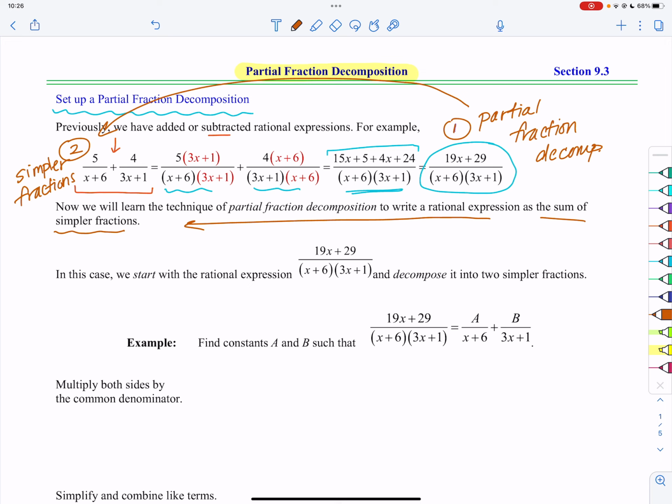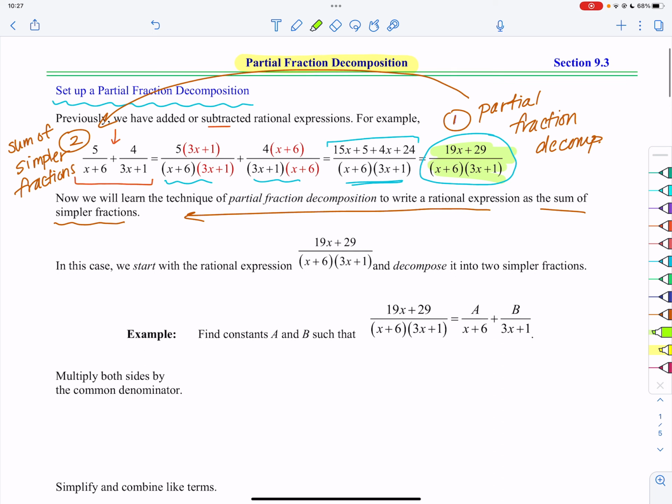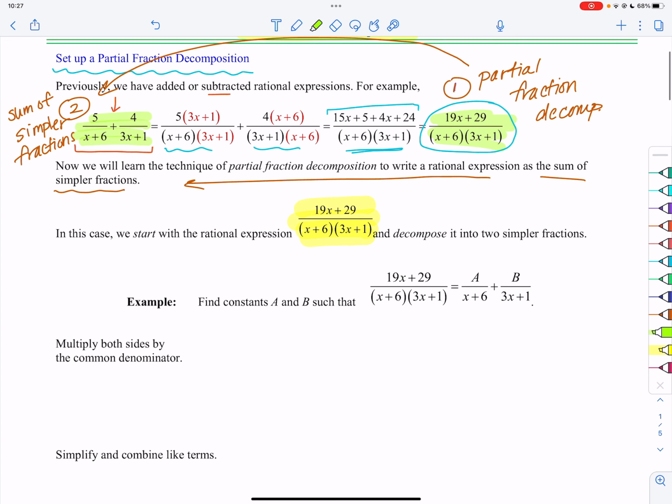And this will be a sum. Okay, so using this example, starting with this rational expression, we're going to decompose this and then come up with these two simpler fractions. So here we go.